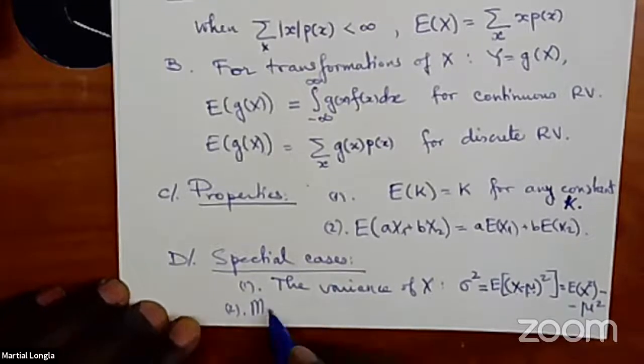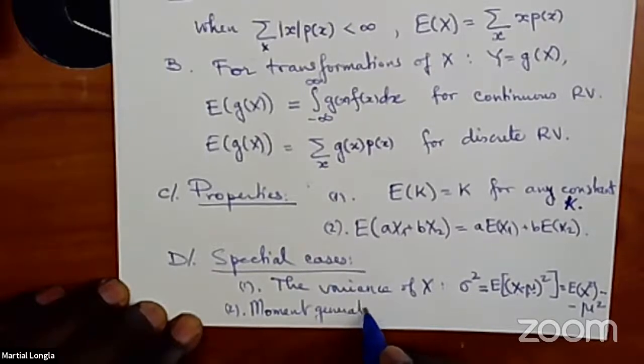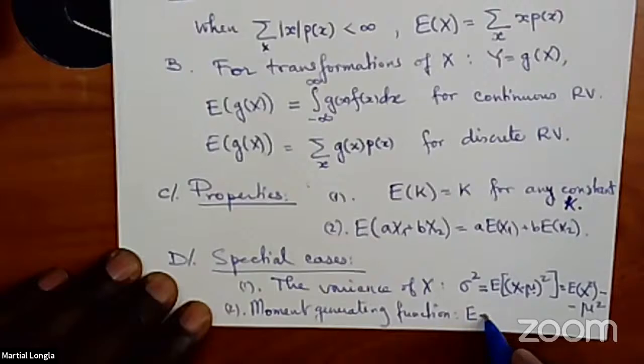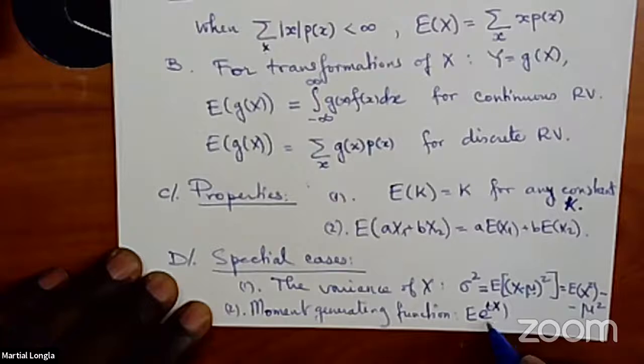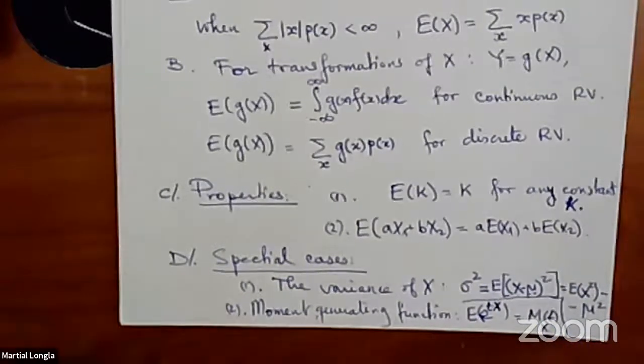And you have what we call the moment generating function, which is the expected value of e to the t times x. It's a function of t called the moment generating function because it generates the moments of the random variable x.